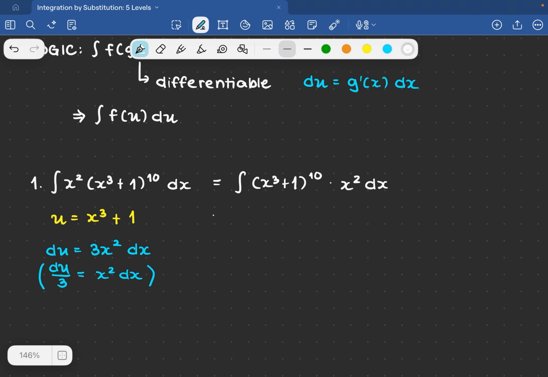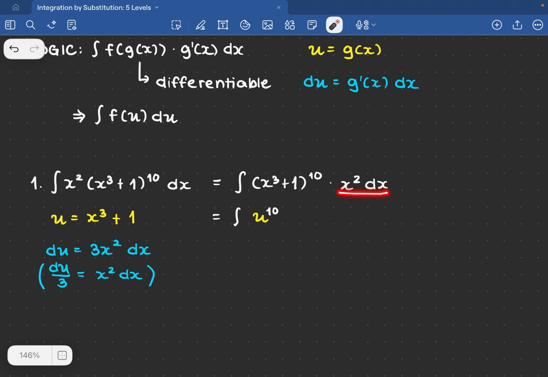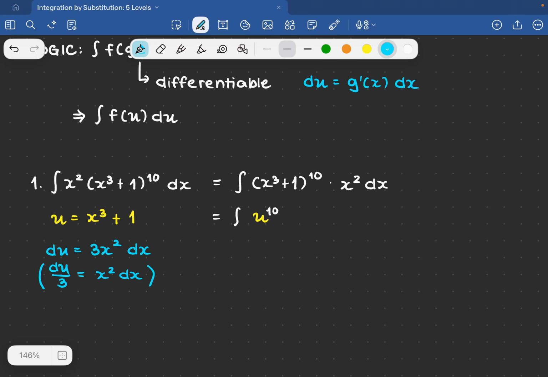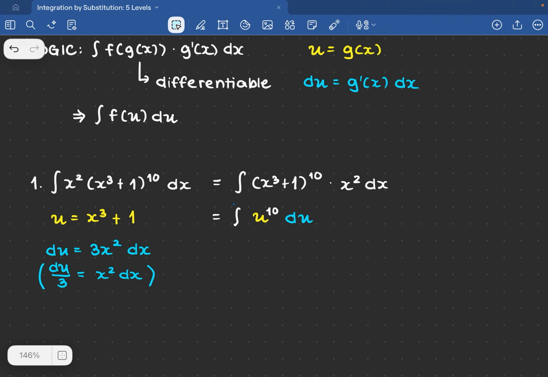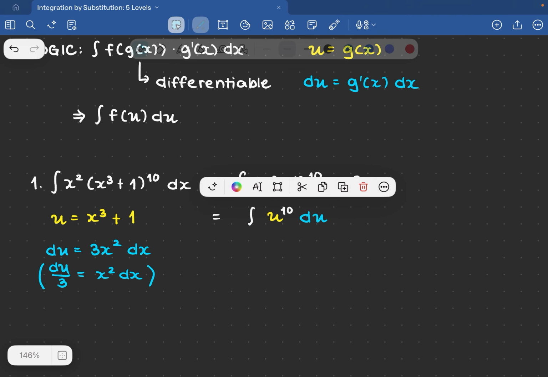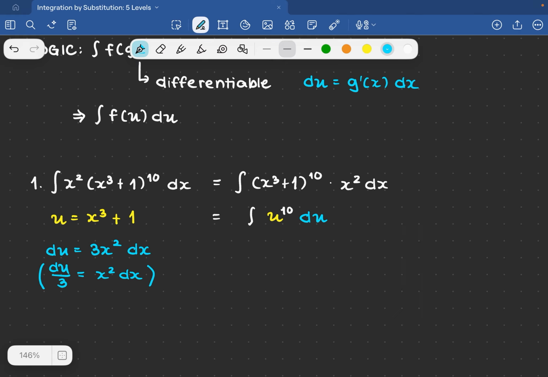Once we have this, we can now apply our U-substitution. This thing here will just become u raised to 10, and the x squared dx out here will just become du over 3. So we'll have du, and the 1 over 3 I can just move outside since it's just a constant.